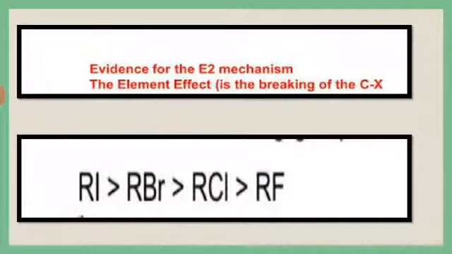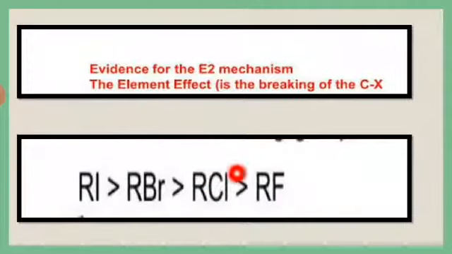In the elimination reaction, the reactivity of the alkyl halide is as follows: the alkyl iodide is more reactive than bromide, than chloride, than fluoride. So the alkyl iodide dissociates more readily than the bromide and chloride.